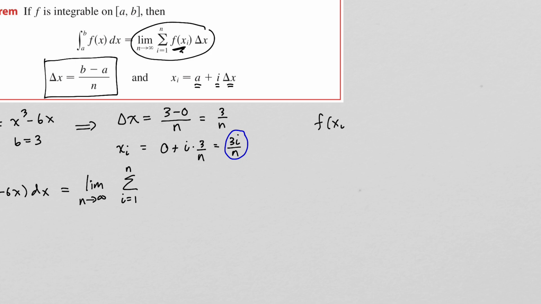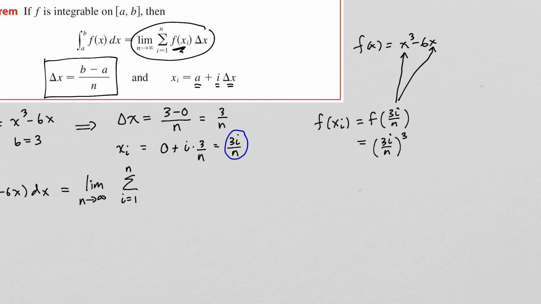So f of xi for us is going to be f of 3i over n. But let's remember that f of x is x cubed minus 6x. So for f of 3i over n, you are going to plug 3i over n in for x.